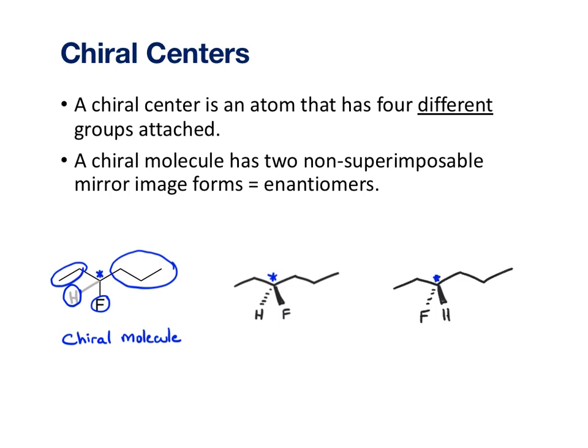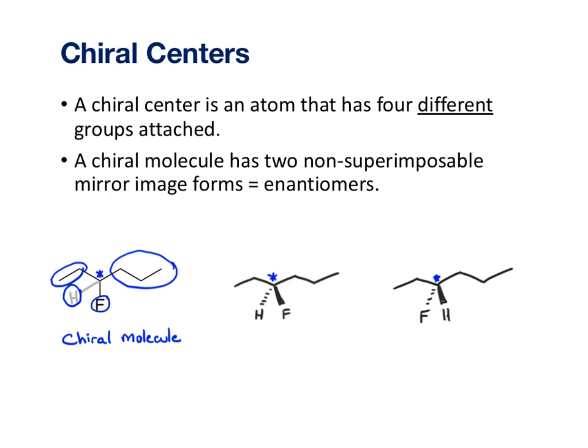These 2 structures are mirror images. So you can think about if you were to pick this structure up and hold it over here on top of this one, there would be a mirror plane between them.